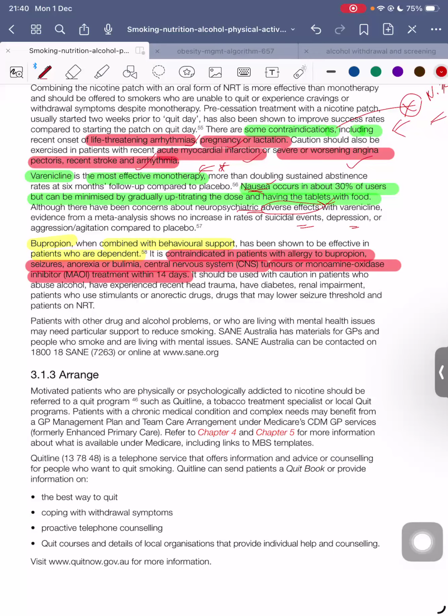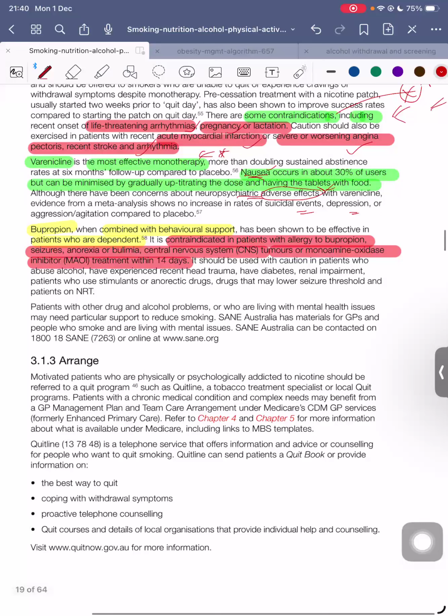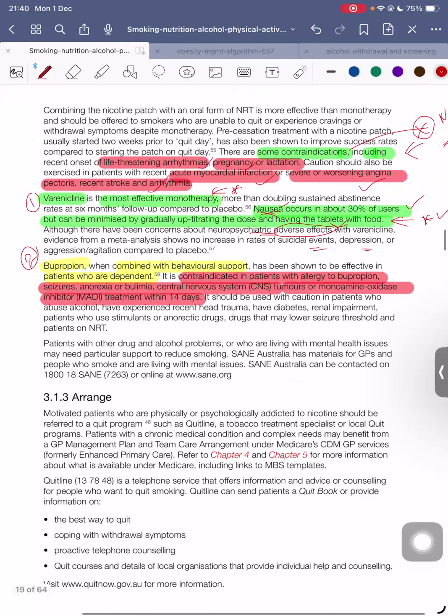Okay, but we are not mainly considering it. Okay, we should remember nausea. For that, we advise taking it with food. Okay, so this is the first one. So, other than nicotine therapy, we can firstly consider varenicline.